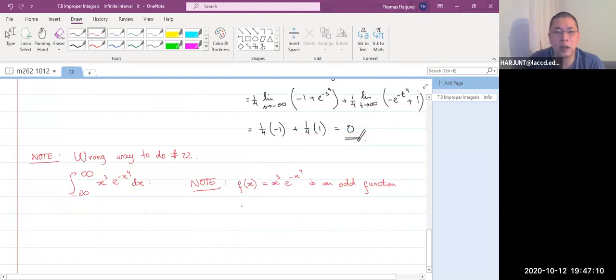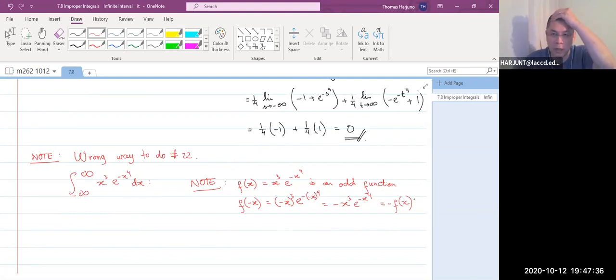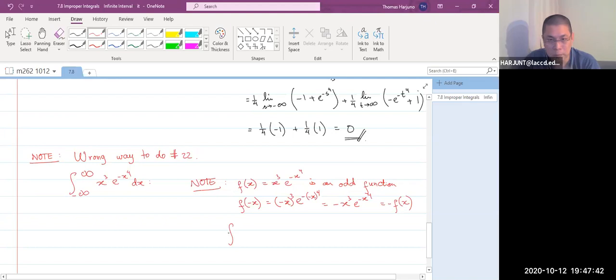That is, f(negative x) equals negative x cubed e to the negative of negative x to the fourth, which is negative x cubed e to the negative x to the fourth, which is negative f(x). And we know if a function is odd on a symmetric interval, then the integral is 0.